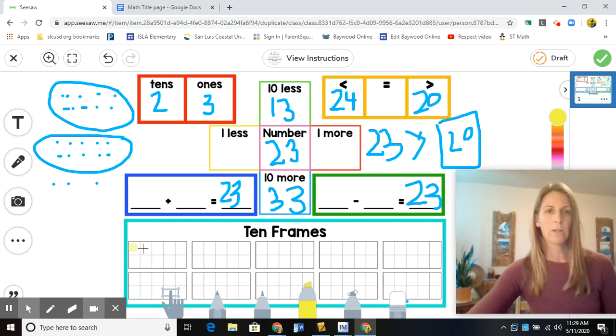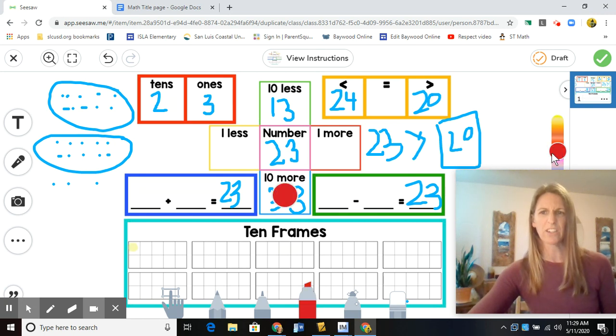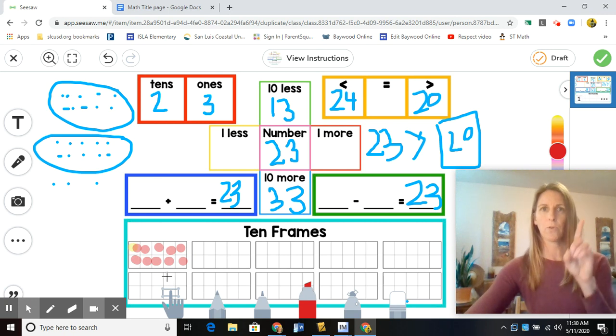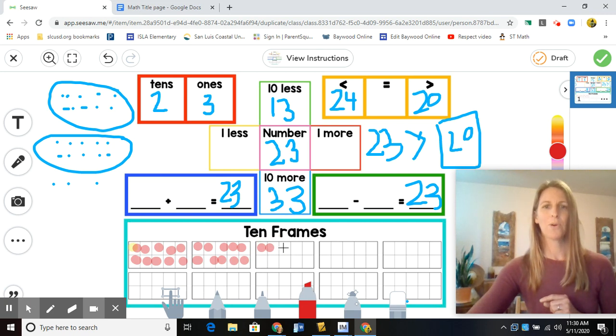I better change my color though, make it darker. 1, 2, 3, 4, 5, 6, 7, 8, 9, 10. There's one tens frame, one group of 10. And then 11, 12, 13, 14, 15, 16, 17, 18, 19, 20, two groups of 10. And then 1, 2, and 3, 21, 22, 23. I showed a picture of 23.